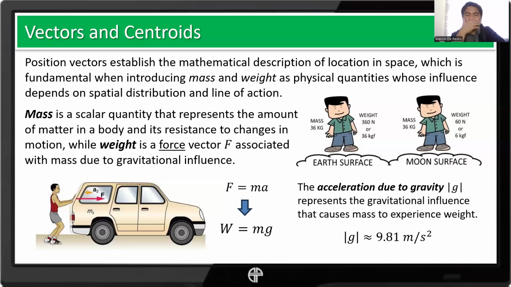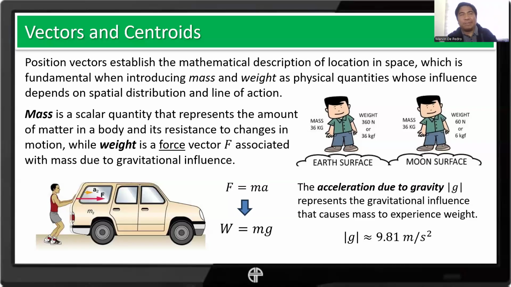Just imagine it using this illustration. If you have a 36 kilogram mass on Earth, multiply it by 9.81, so you have approximately 316 Newton weight. Technically, when someone asks for our weight, we should answer in terms of Newton.